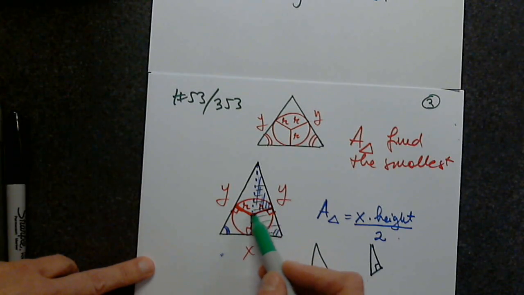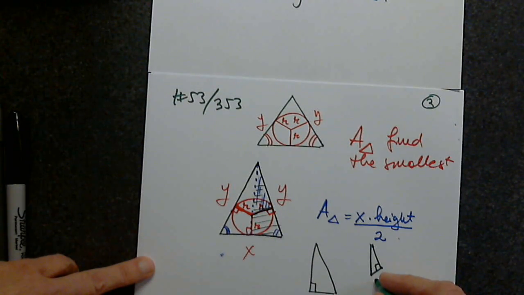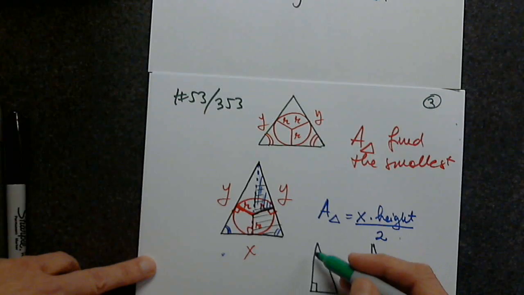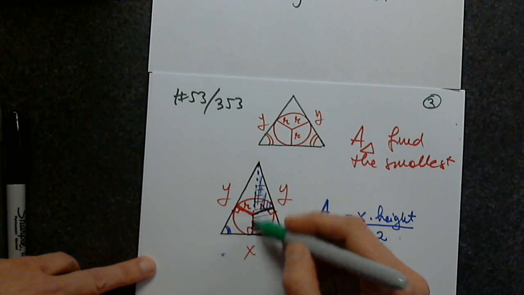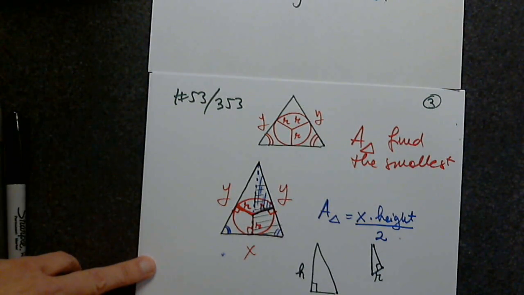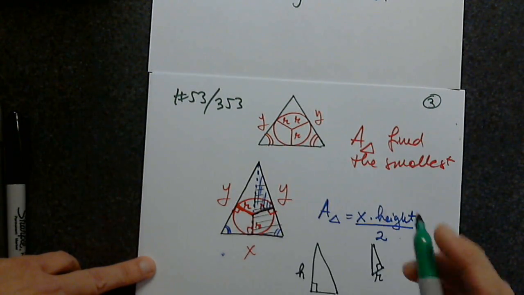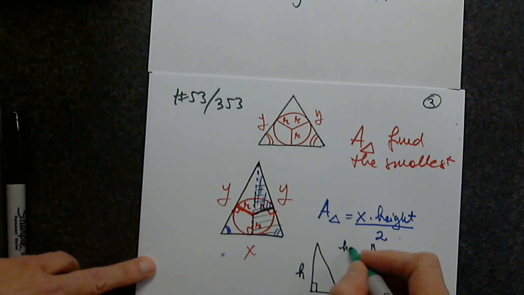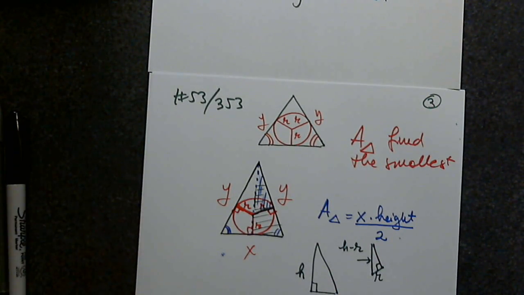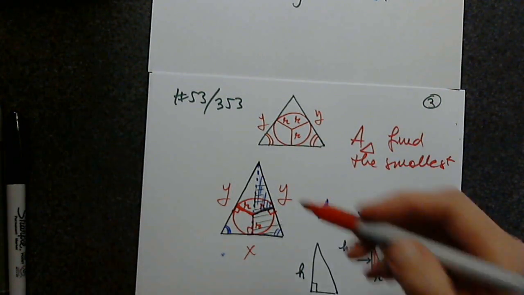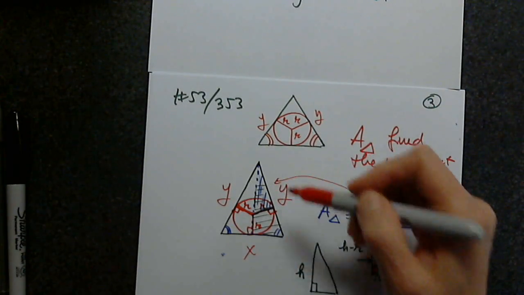This side is R. This piece is the height. And this piece is the height minus R. So this one is the small triangle.